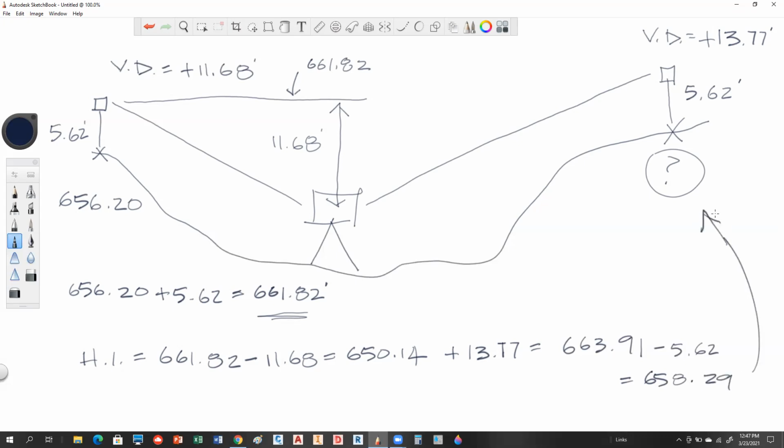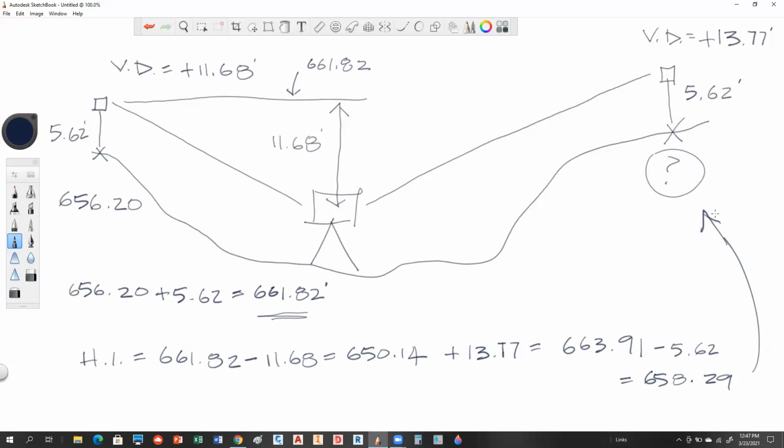Now, the reason I went through that is so that you understand graphically, from a picture standpoint, a little bit more than what somebody said, that we just take the 13.77 and subtract from it the 11.68, and then add that to the 656.20. And that gives me the same number.